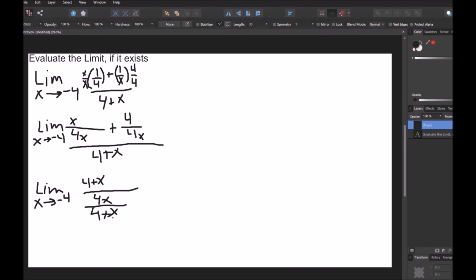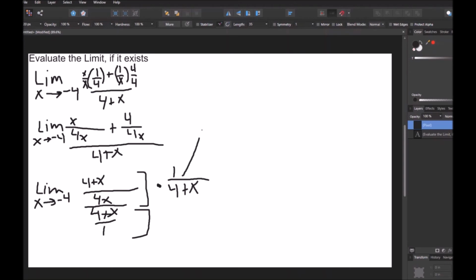And now we need to remember that division is like inverse multiplication. So right now we're dividing this fraction by 4 plus x over 1, which is this fraction. Dividing is the same thing as inverse multiplying, which means it's the same thing as multiplying by 1 over 4 plus x, like that.